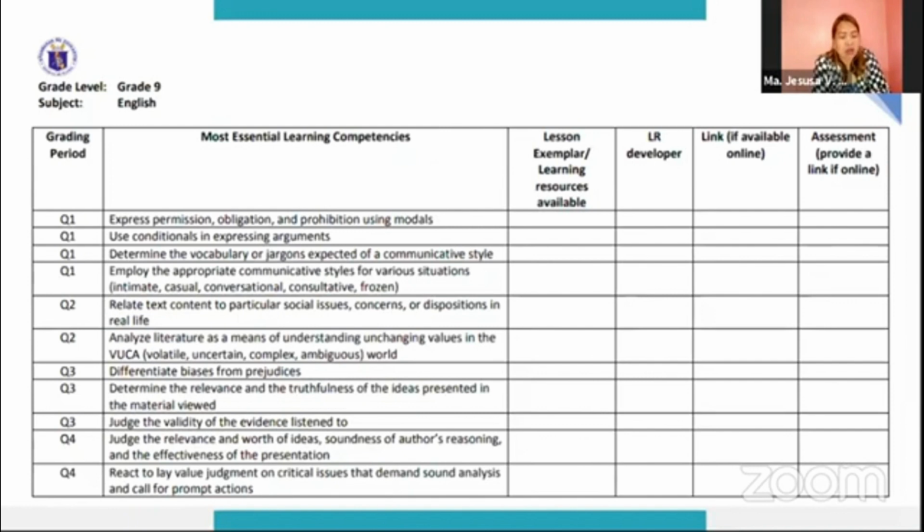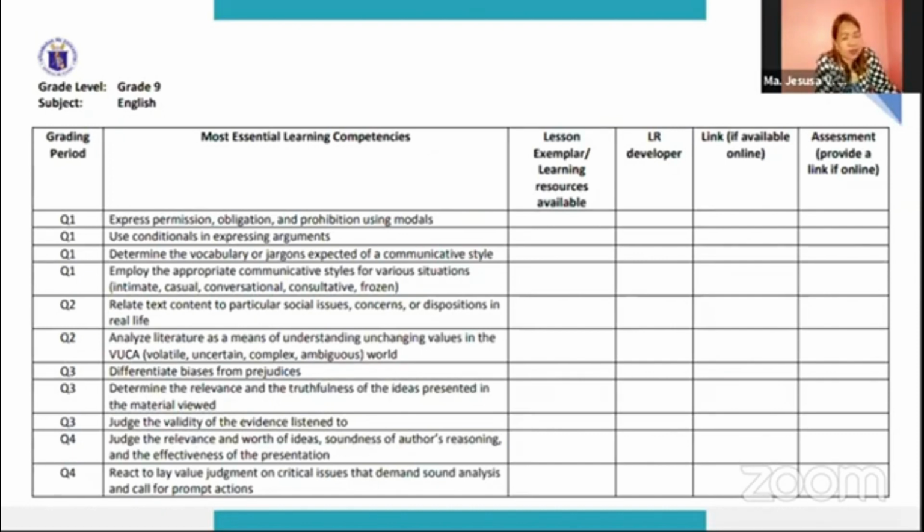vocabulary or jargons expected of a communicative style. So at the same time, we are preparing our students to have a wider vocabulary so that they could also use that in their oral communication skill once they converse with someone, especially in the near future. Next is employ the appropriate communicative styles in various situations.